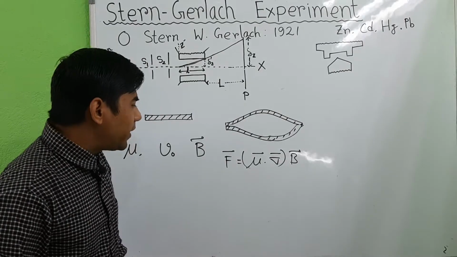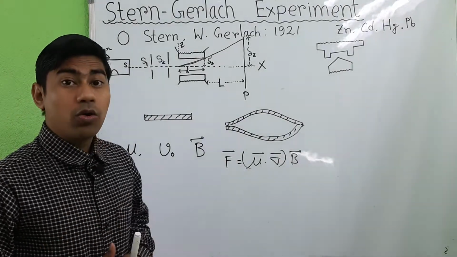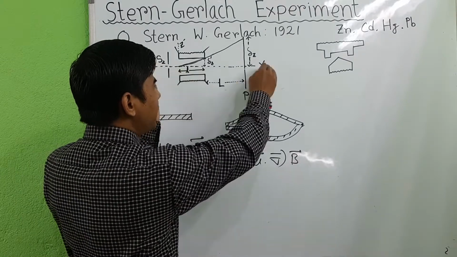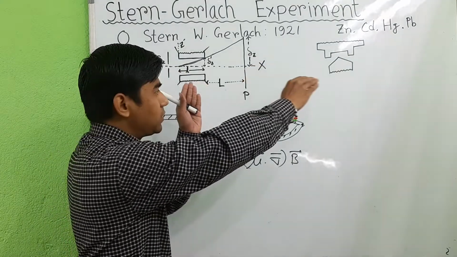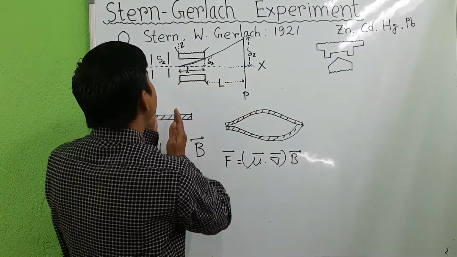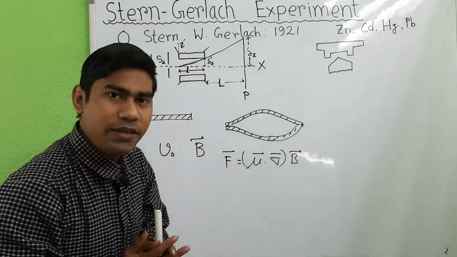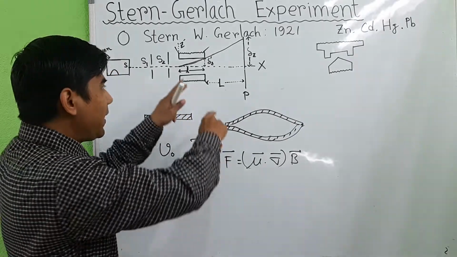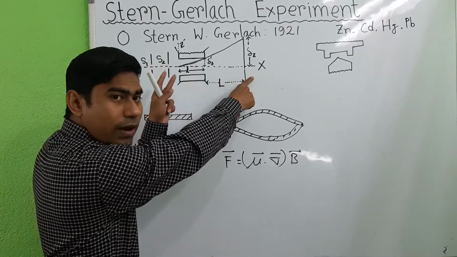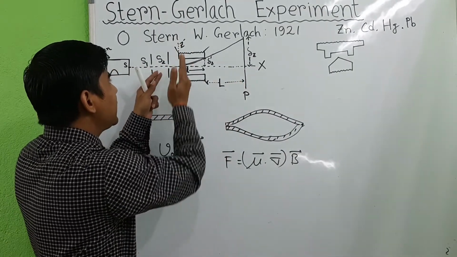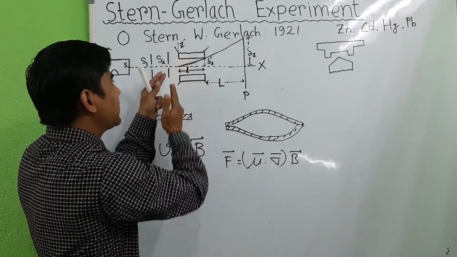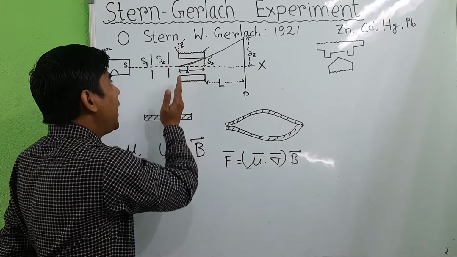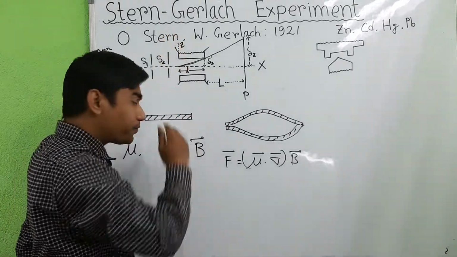We refer to the coordinate system having the x axis in the direction of motion of the silver atoms and the z axis in the direction of B. So the magnetic field acts in the z direction.